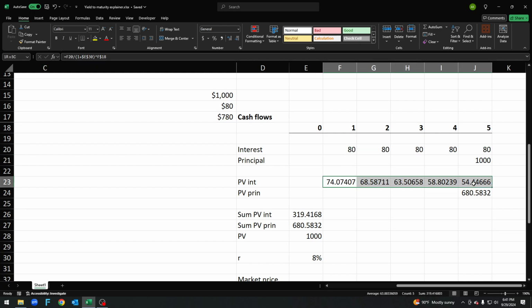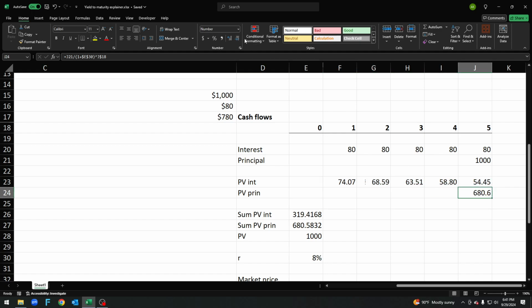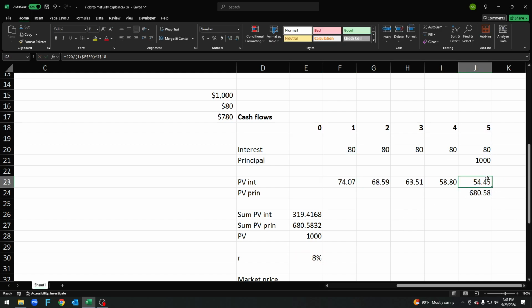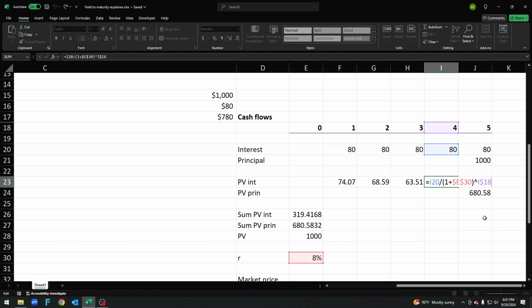Well, each of these, we can just use the basic 1 divided by (1+r) raised to the t formula for each of these to get the present value of these 5 cash flows. So the present value of the year 4 cash flow is this.